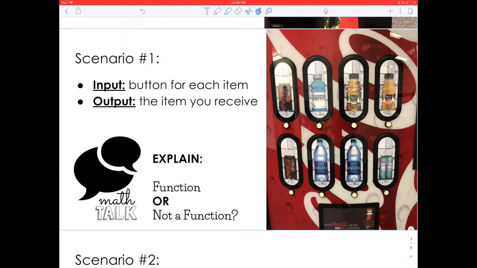Okay, if you said it was a function, you are correct. I'm going to press the button for a nice cold fresh water here. That is one input, and I should receive one water bottle out of the dispenser. One input to one output.